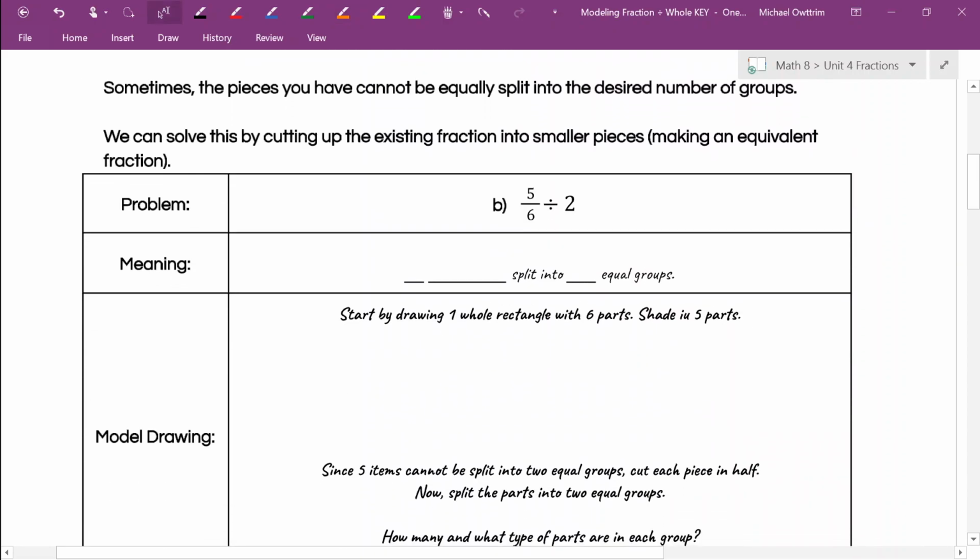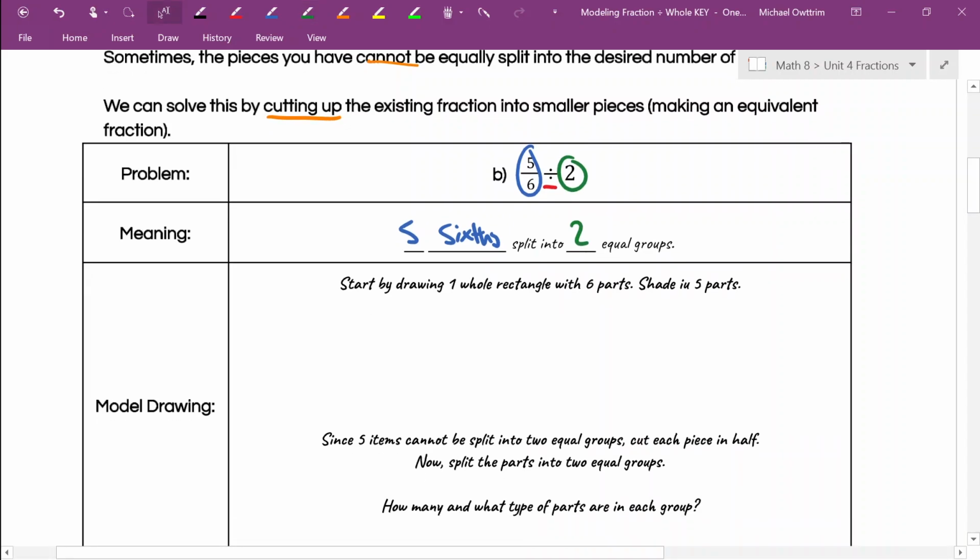Now in other cases, there will be pieces that cannot be equally split into our desired number of groups. If that's the case, we're going to need to cut up our existing fraction into smaller pieces, and that makes an equivalent fraction. So if we take a look at question B, we start with 5/6, and we want to split that into two equal groups again.